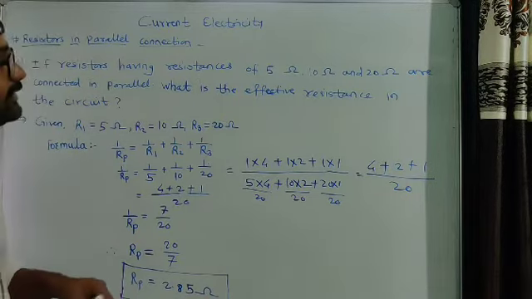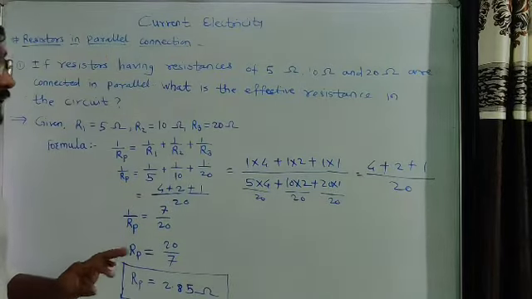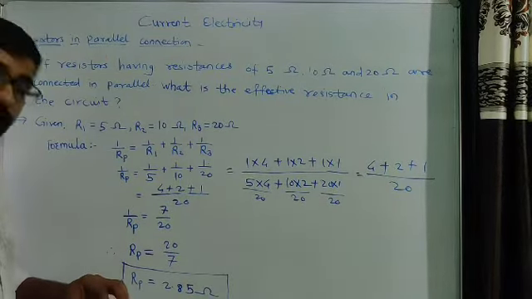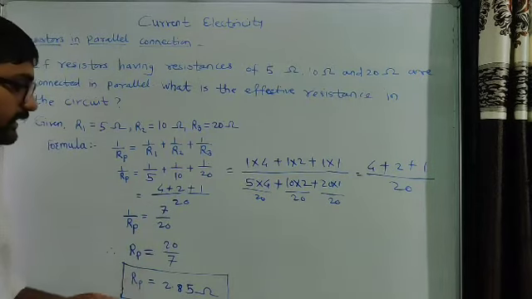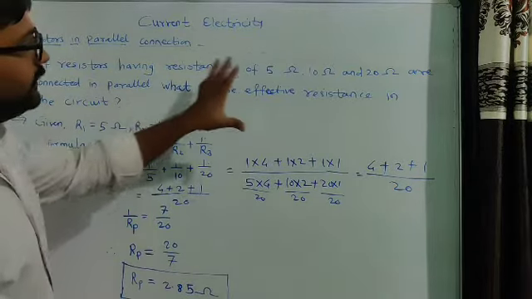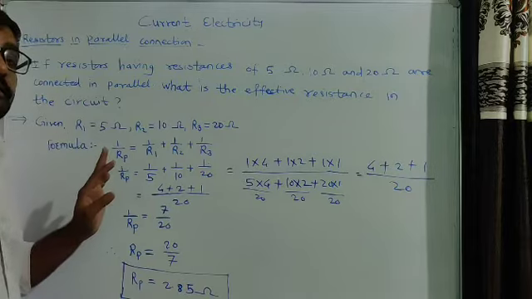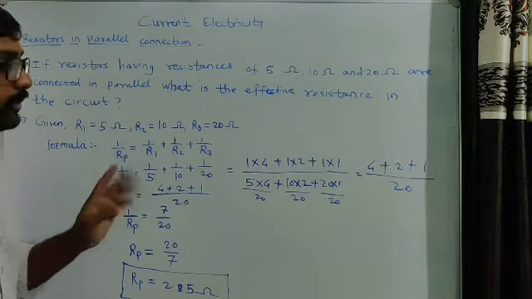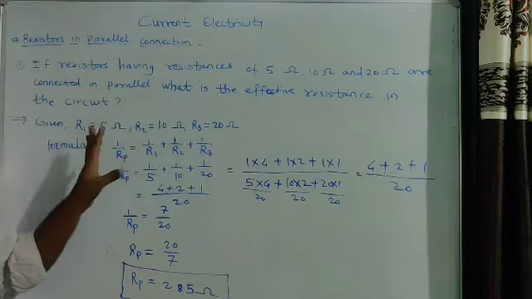If these three resistors 5, 10 and 20 are connected in parallel, their equivalent resistance will be 2.85 ohm. This is how these problems of resistances in parallel are solved. Let's look at another problem in a similar way.